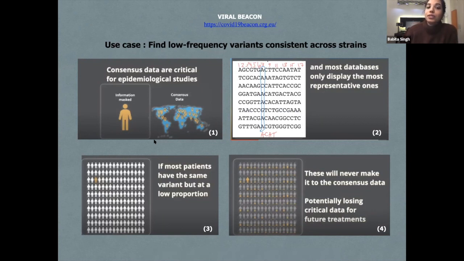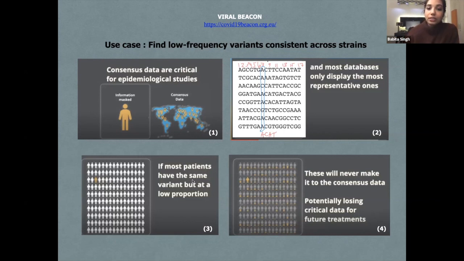For example, what I was saying before, GISAID and Nextstrain have consensus data, and it's good to know the consensus. Here you see the majority variant at that position, and it will give you that. For example, here it is A, so it will hide the low frequency variants.